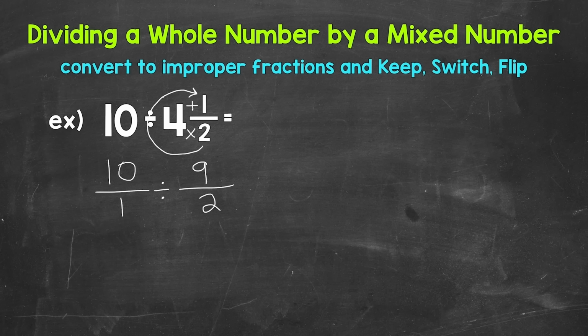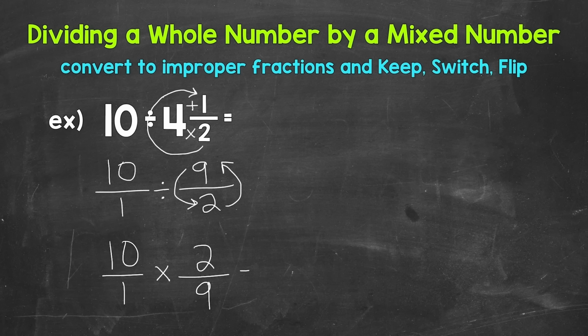Now we just have numerators and denominators, and we are able to keep, switch, flip. So let's work through our steps. We keep 10 over 1, switch to multiplication, and then flip 9 over 2. So 2 is now the numerator, and 9 is now the denominator.